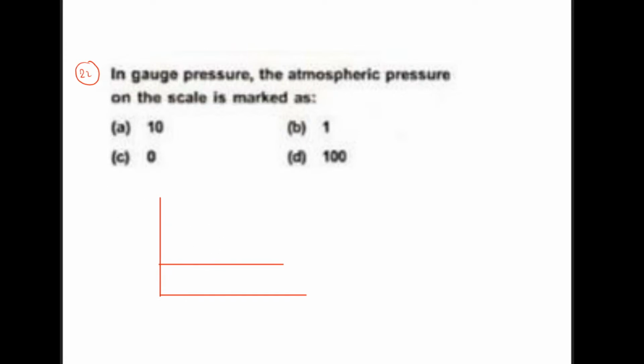So the measurement of pressure from PATM is called gauge pressure. So option C is the right answer. It is 0. In gauge pressure, the atmospheric pressure on the scale is marked as 0.